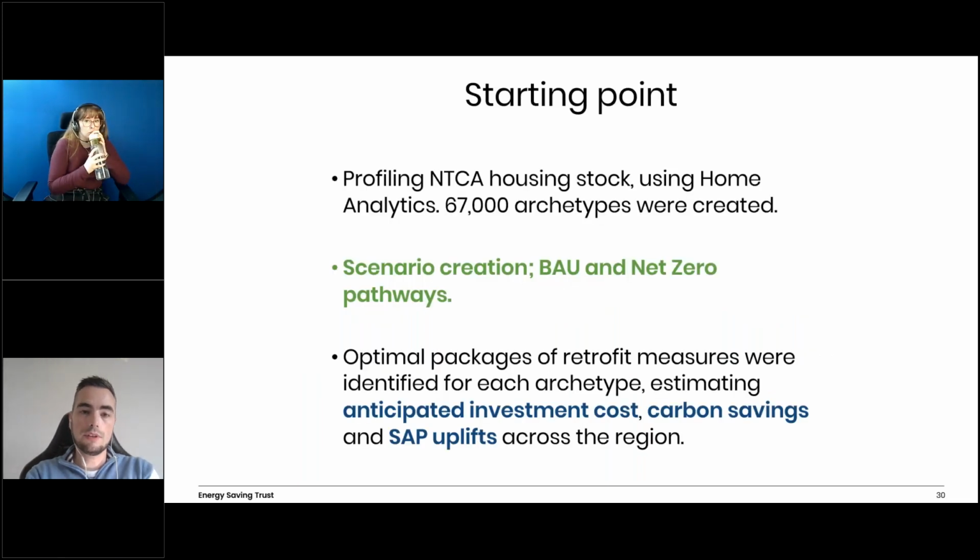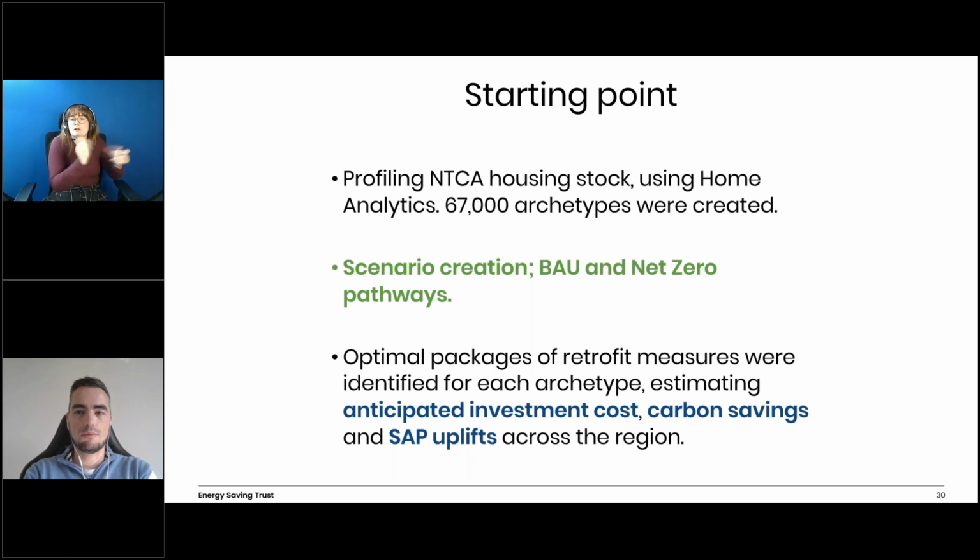So the starting point, as Sean has given you an idea of what our tools do, we slice and dice the housing stock across North of Tyne into archetypes, and there were 67,000 of them. There were really two scenarios that we wanted to explore. One was, what happens if we just continue with business as usual? In other words, the current rate of retrofit and the current finance, what would that achieve?